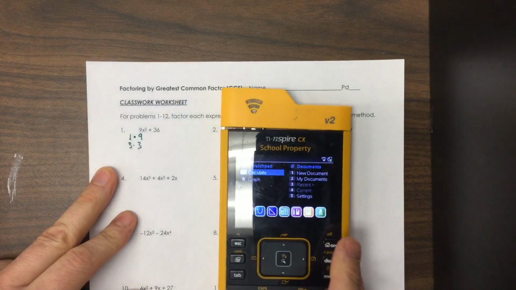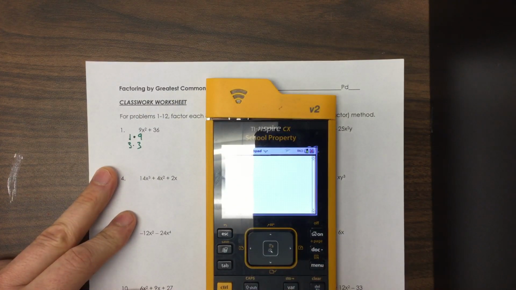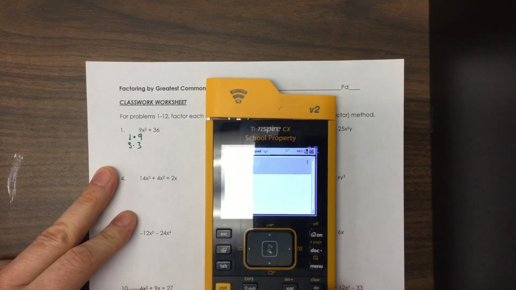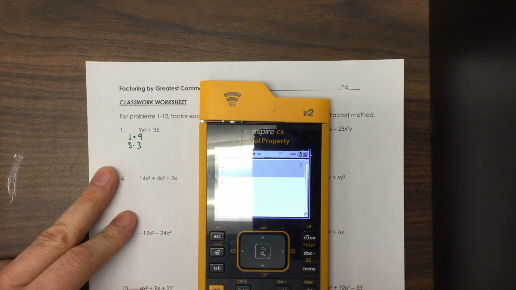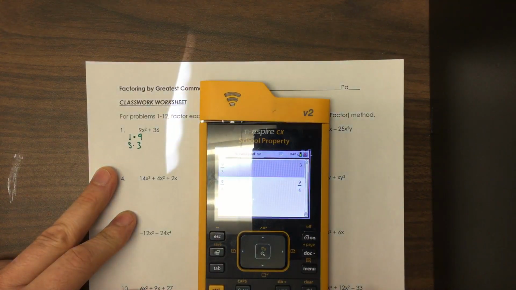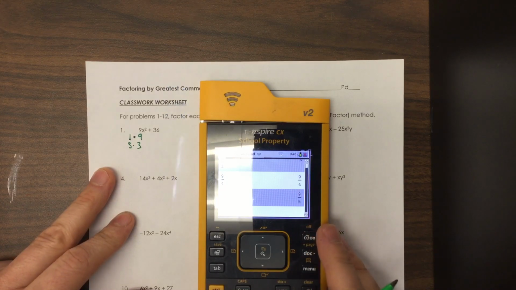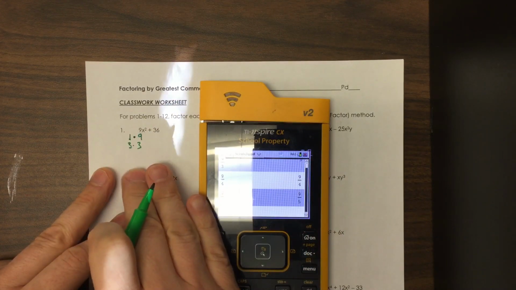And if you're having trouble finding them, say if the number's bigger, you just do that in your calculator, like 9 divided by 3 gives me 3. 9 divided by 4 gives me a fraction, so I can't use that one. 9 divided by 5 gives me a fraction, and so on and so on. Okay? In this case, these will be the only factors of 9.